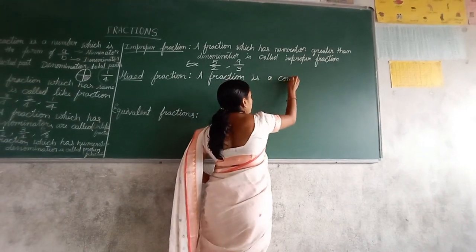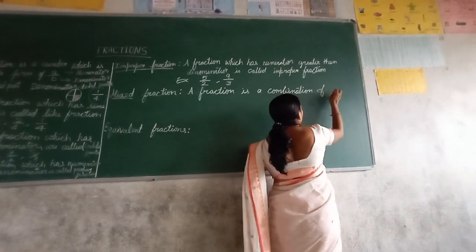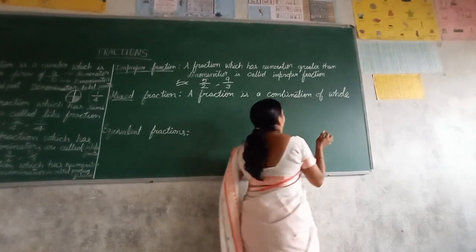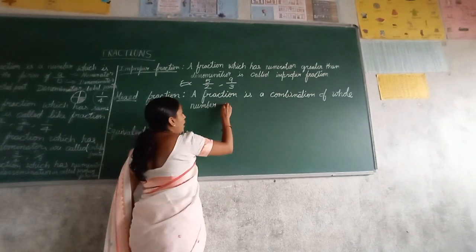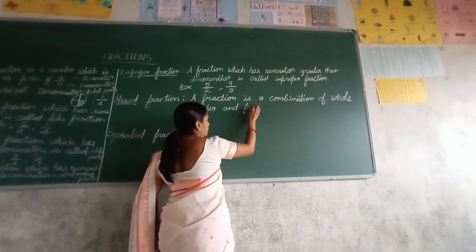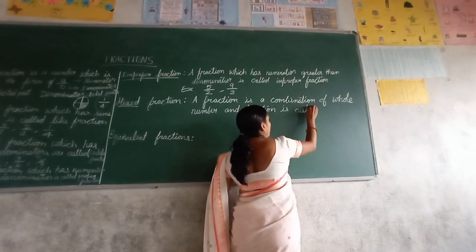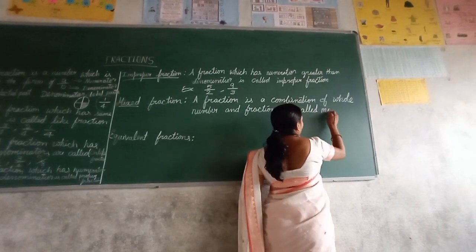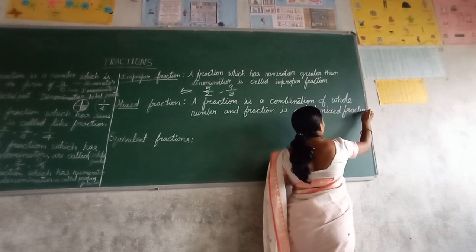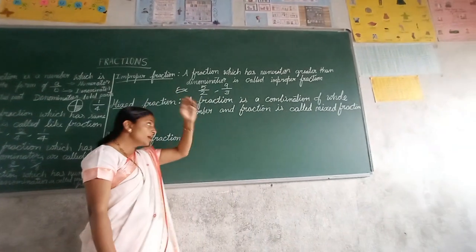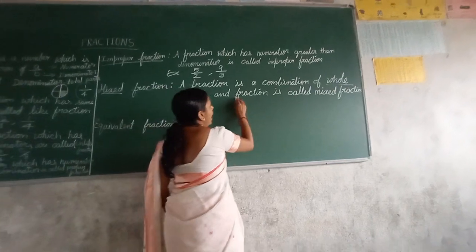A combination of whole number and fraction is called mixed fraction. Why is it mixed? It says very clearly, it is a combination of whole number and fraction.